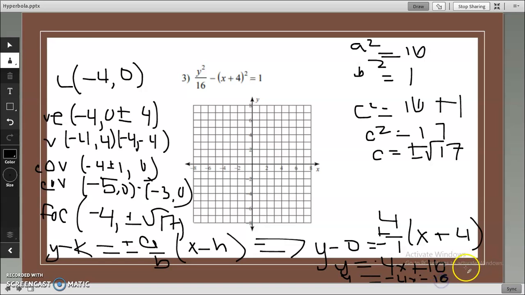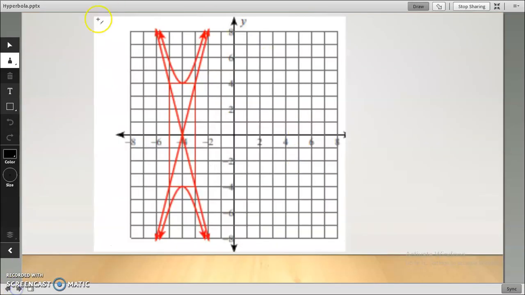So this one is going to be hard to graph, and I'll tell you why. My y-intercepts are at 16 and negative 16, and as you can see, the highest values that I have are 8 and negative 8. So I'm not going to try to graph it. I'll put it here for you instead. So my center, just like we said before, is at negative 4, 0. These are my asymptotes.